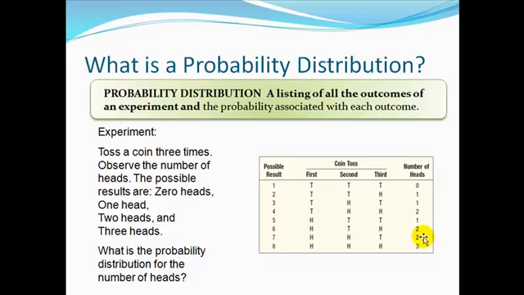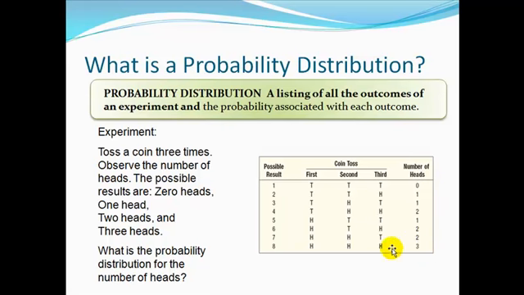So the probability of 2 heads face up is 3 over 8. 3/8. Because for the 8 possible results, there are 3 favorable results with 2 heads up.